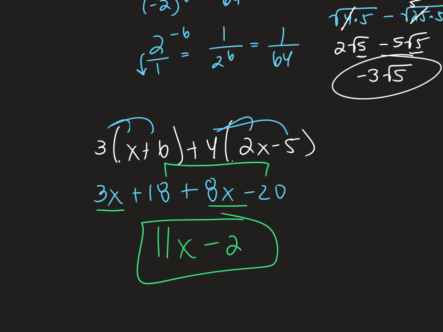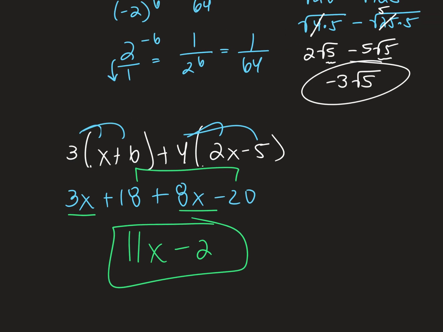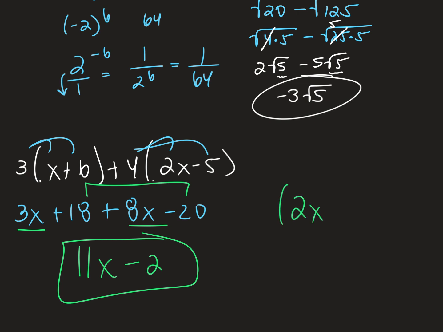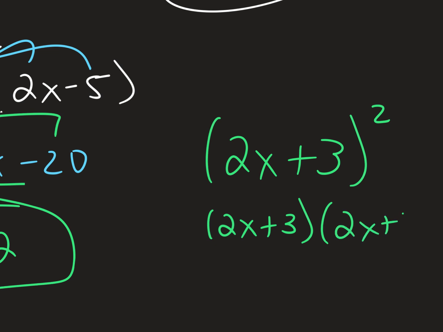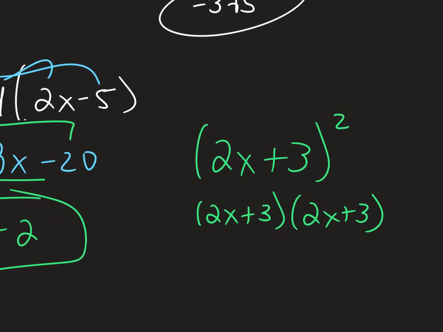What's another thing we can look at? What about if we had 2x plus 3 raised to the 2nd power? Well, what does that mean? That means I have 2 of them. So I'm going to rewrite 2x plus 3 times 2x plus 3, and we're going to FOIL. The middle terms will not cancel out here, guys, because you have all positive.